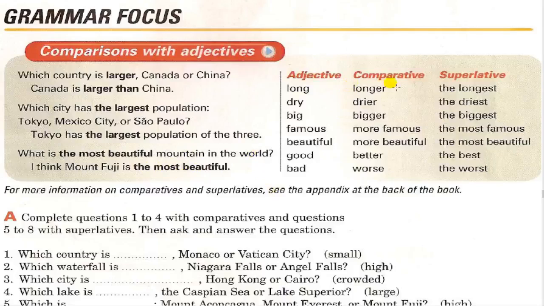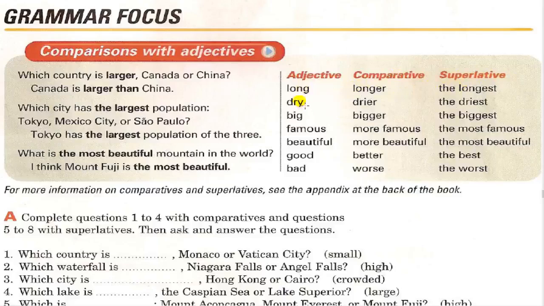Adjective, comparative, superlative. Comparative, comparison between one and one, so you make a comparison between two. Superlative, 1 and 2, 3, 4, 5, one and a group. Long, longer, the longest.